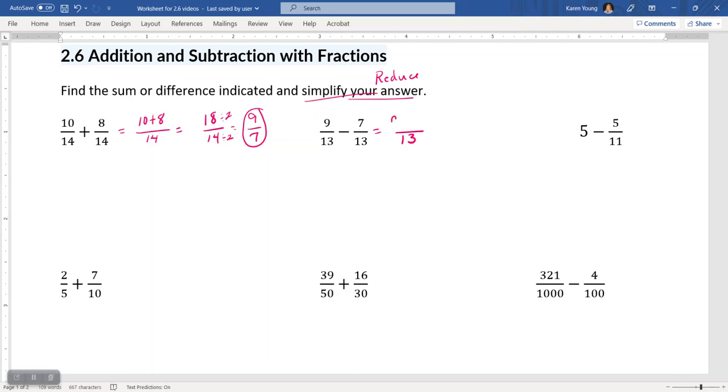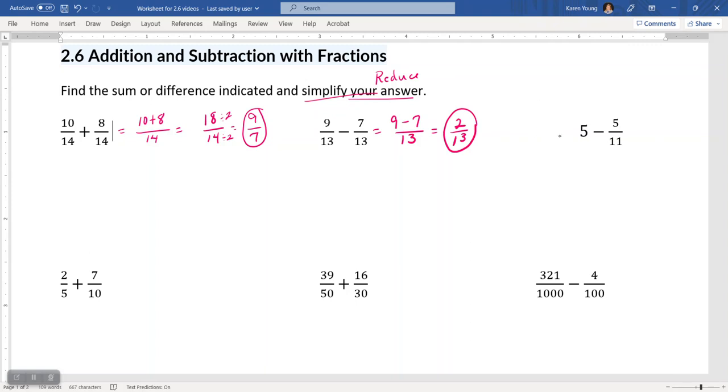So then I'm just going to subtract my numerators. So 9 minus 7 is 2 over 13. And then I always want to double check. Does it reduce? Does anything go into 2 and 13? No. That's it. So then my answer is 2 over 13.